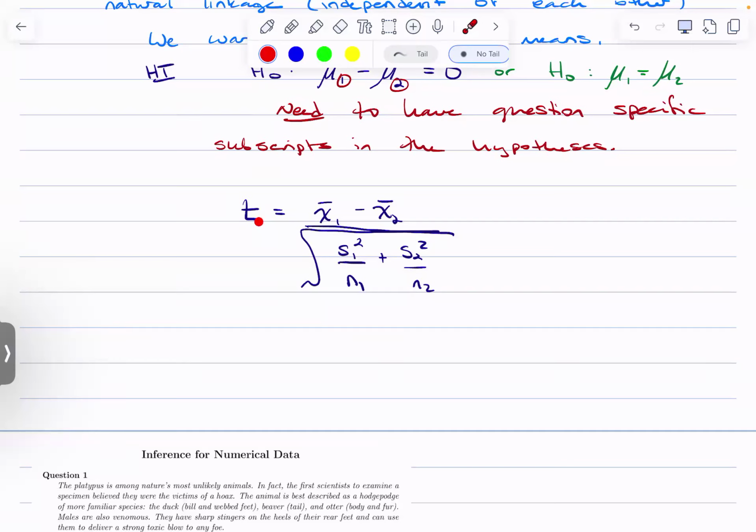There are a couple of different ways. There's a huge formula for the degrees of freedom that I don't want to use, which Excel would use in the background if you're using any sort of software. But for our degrees of freedom, we are going to use the smaller sample size minus 1, right? And how we write that is the minimum of N1 minus 1 or N2 minus 1. That's the smallest sample size minus 1.